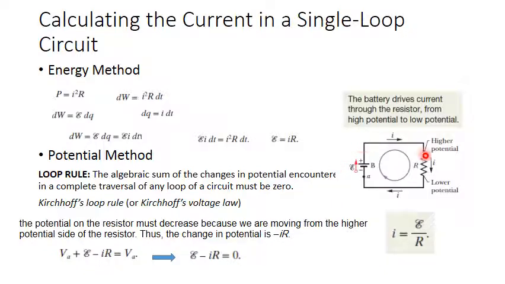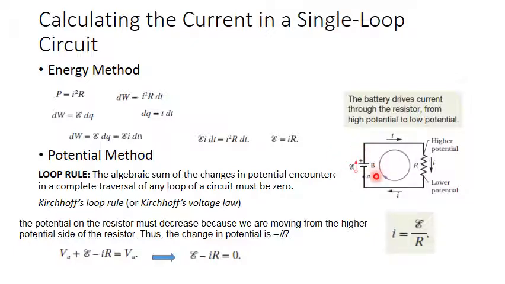What does it mean? Simply, it means that the summation of the potentials in any closed loop should equal zero. And this rule is basically known as Kirchhoff's loop rule or Kirchhoff's voltage law, because actually it is related to voltage or the electric potential.